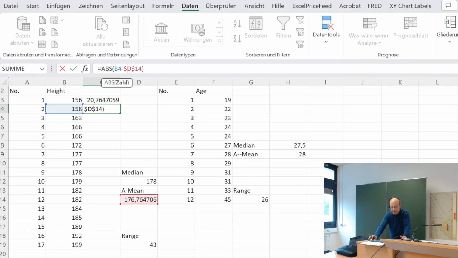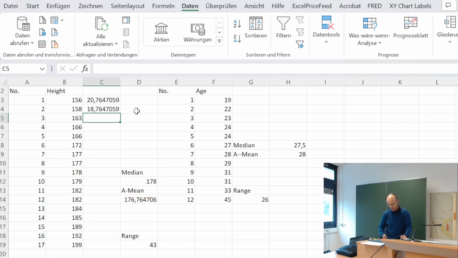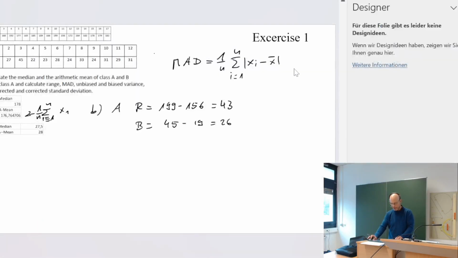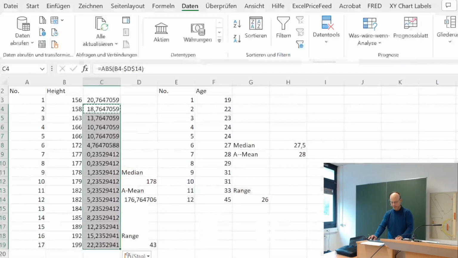It's only the B4, B5, B6, and so on that is moving downwards. And then we can copy this formula downward. And what do we have to do? Well, we have to sum up all our distances and divide by 17 in our case.